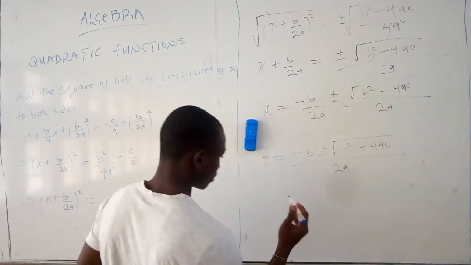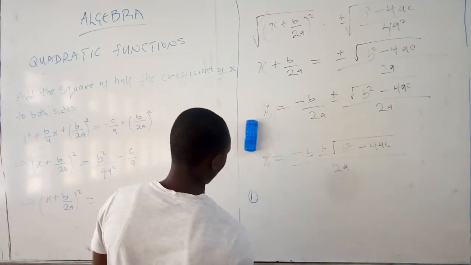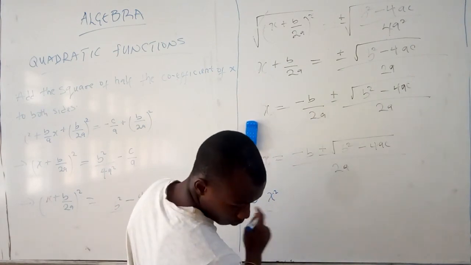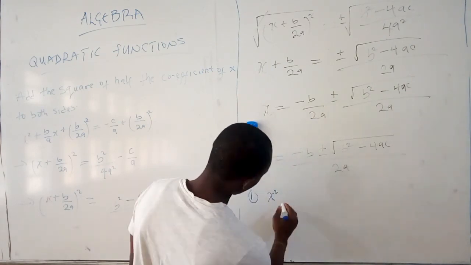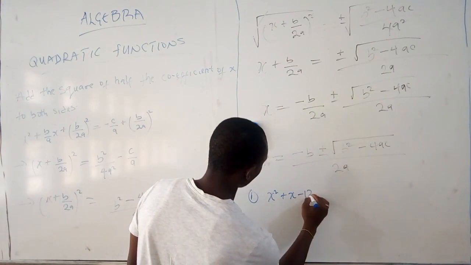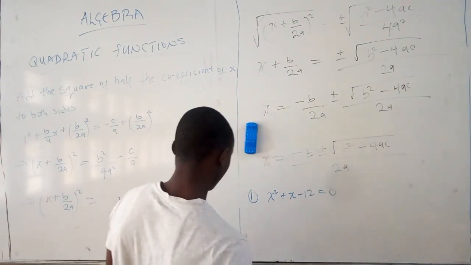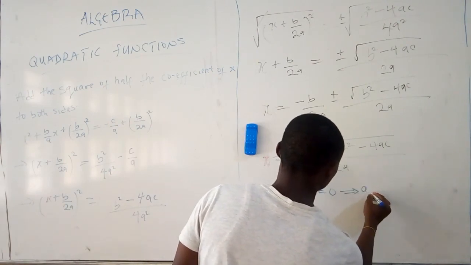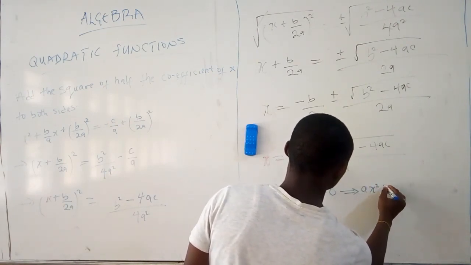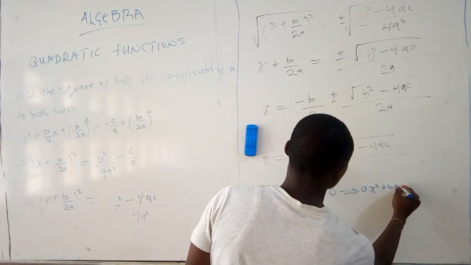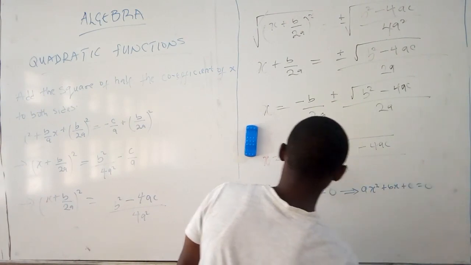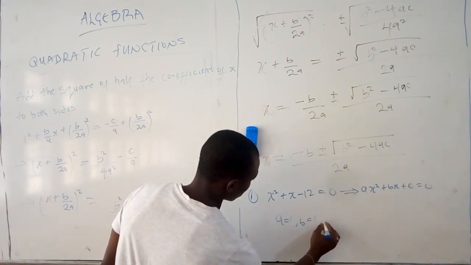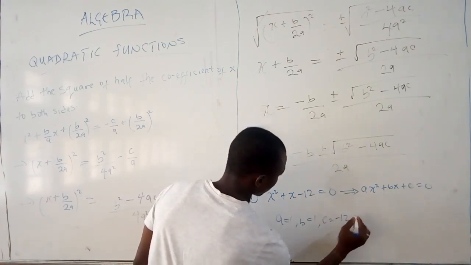From the ones we did, example 1, which says x squared plus x minus 12 is equal to 0. From here, if you compare it to your initial ax squared plus bx plus c is equal to 0, your a is equal to 1, your b is equal to 1, and your c is equal to minus 12.